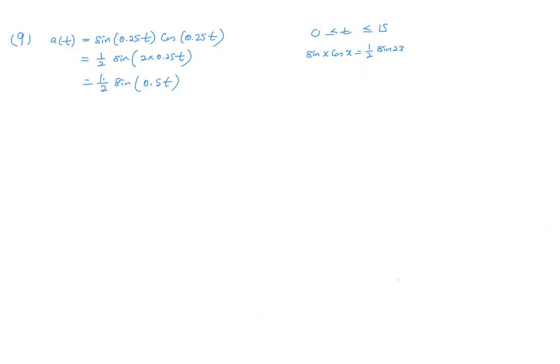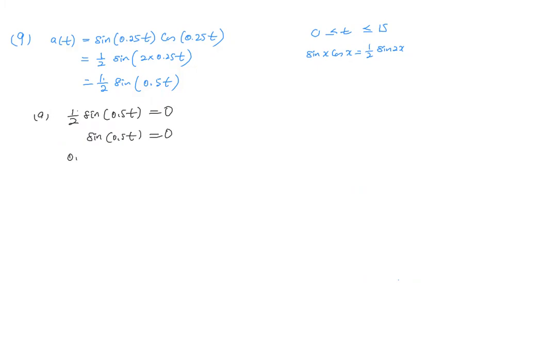So trigo, I need you to know that one. So part A. Acceleration equal to 0. So that means sin 0.5 t equal to 0.